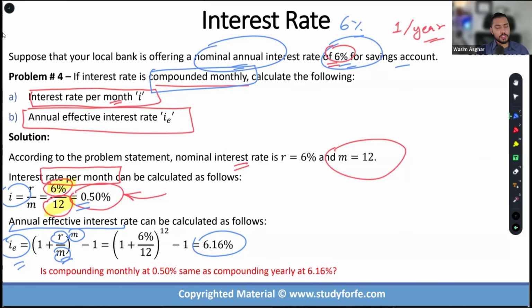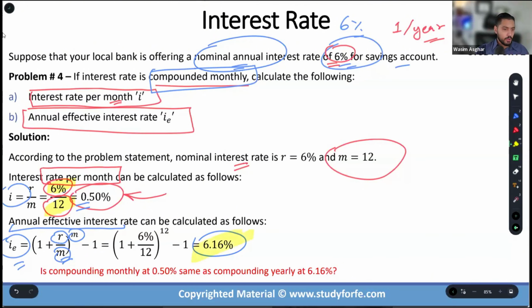Intuitively, you would think that if I'm compounding more frequently, then the effective interest rate, the amount that I will owe to my creditor, is going to be more, because the creditor is charging me interest more frequently. Correct? And that's exactly what it is.